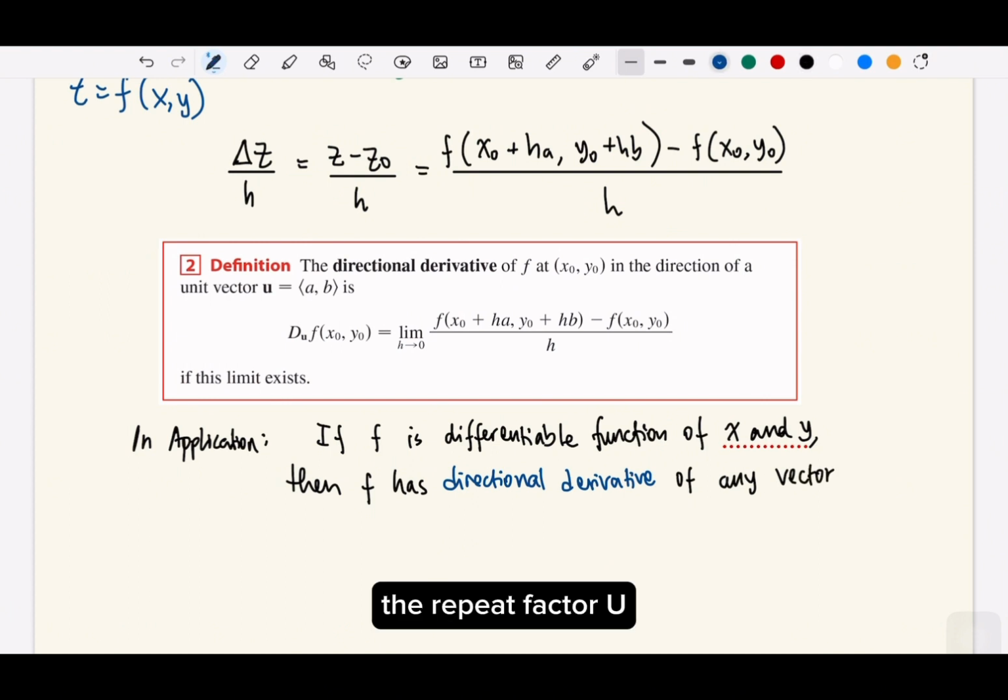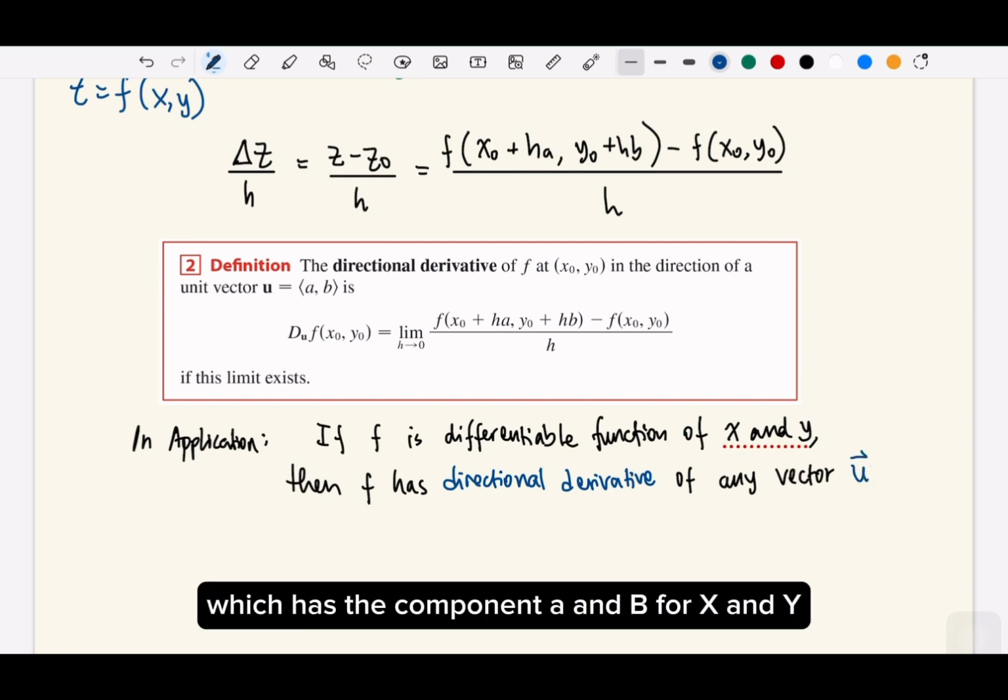Let me write here vector u, which has the components a and b for x and y.